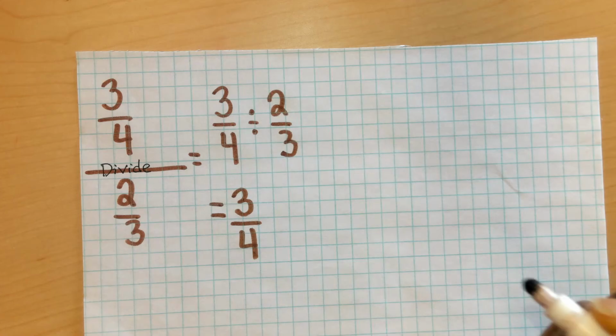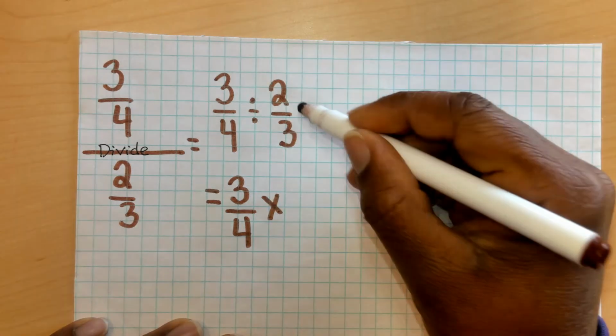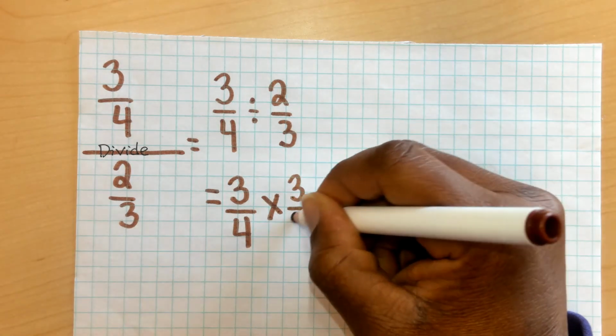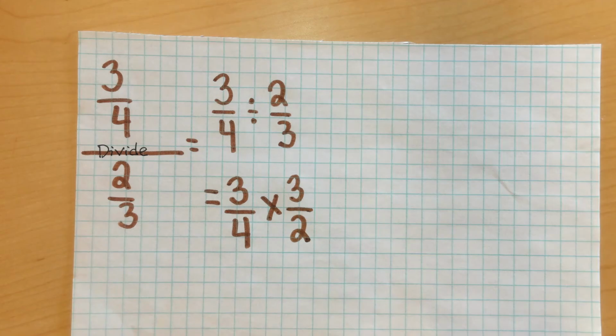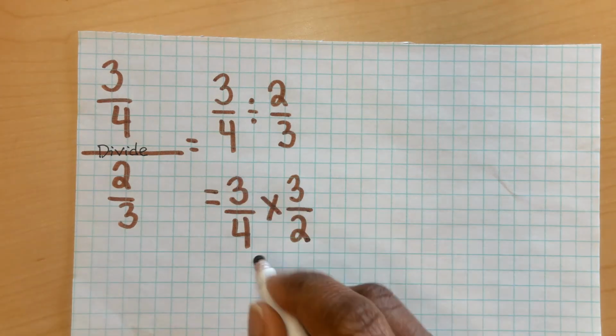I'm going to multiply by the reciprocal of my second fraction, and I'll end up with 3/4 times 3/2. The reciprocal is 3/2. And then I look for ways that I can decompose. And in this case, I'm not able to.